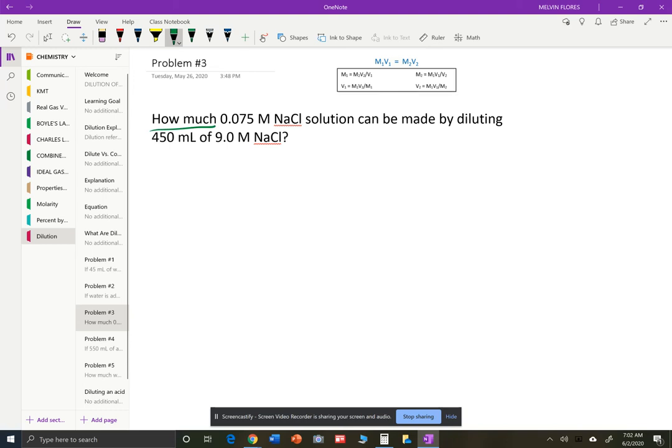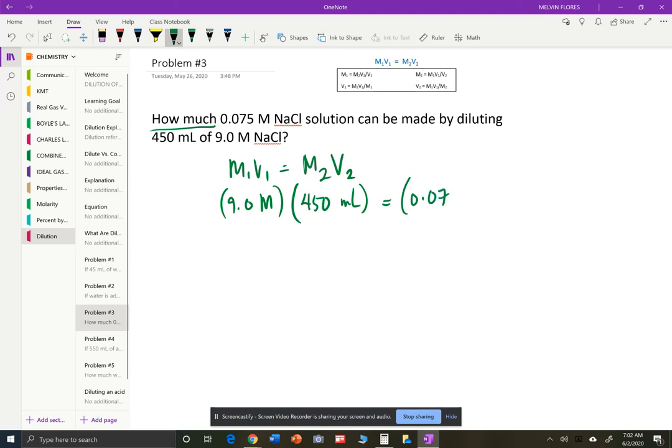Okay, so M1V1 equals M2V2. So our initial molarity is 9.0 molarity, and then times V1, which is 450 ml, equals our final molarity, 0.075, multiplied by the unknown, which is our V2.